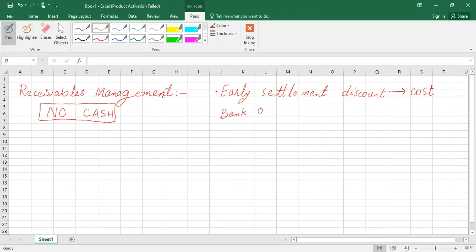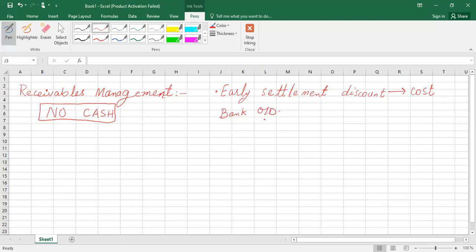Company will raise funds to finance this benefit of early settlement discount which it is offering to receivables. Why? Because they are offering benefit to the customers to get early settlement, but they are not offered by their supplier to take the benefit of early settlement discount.